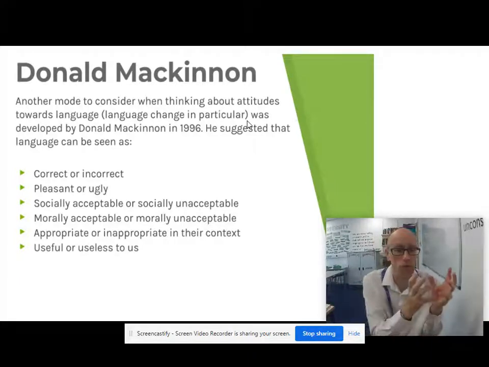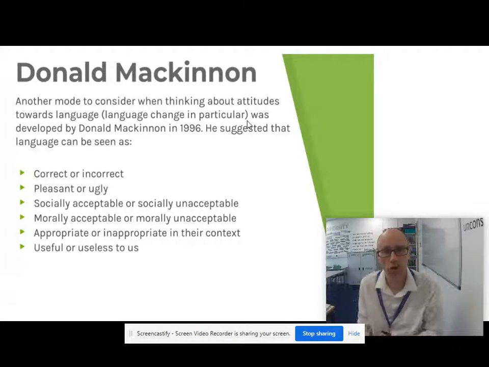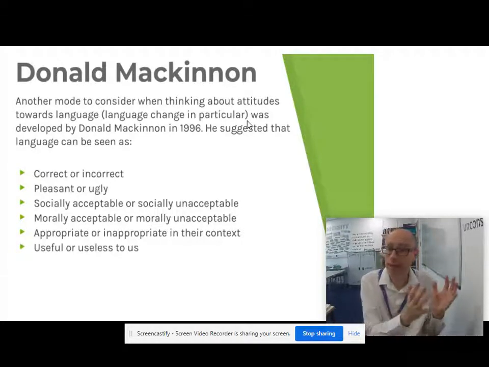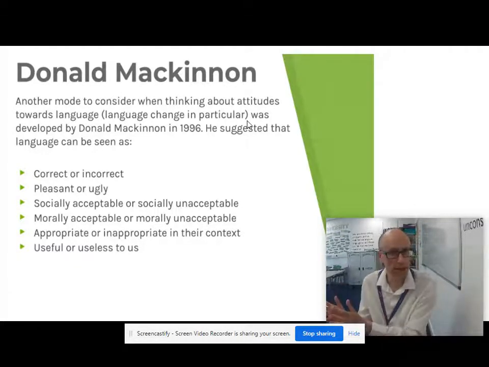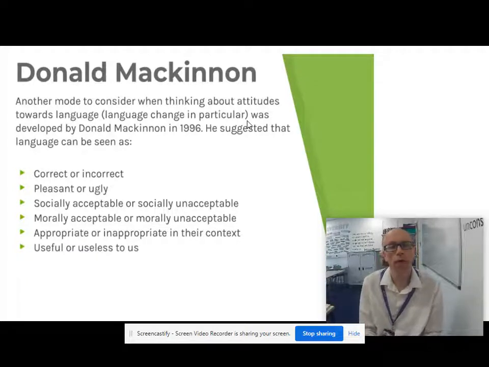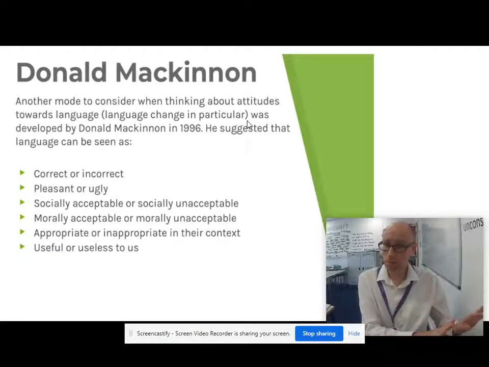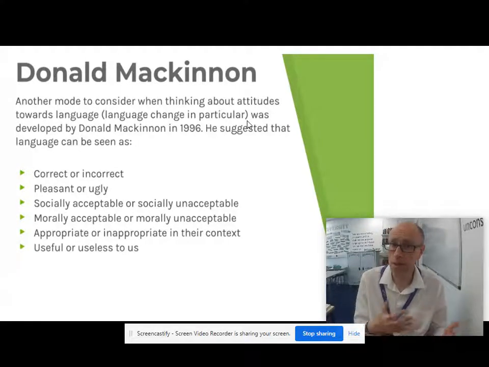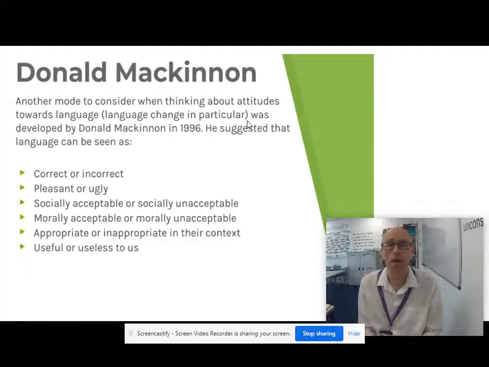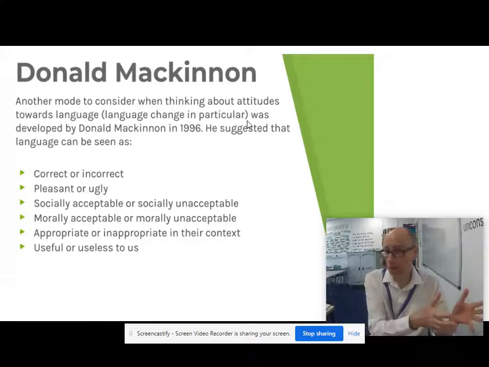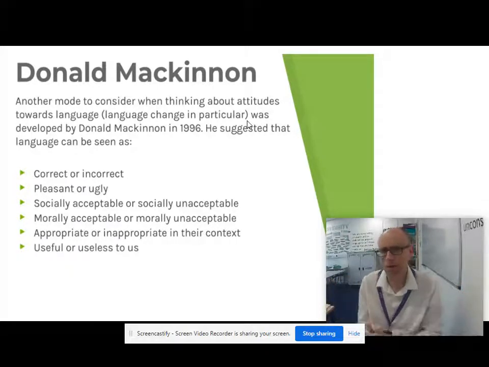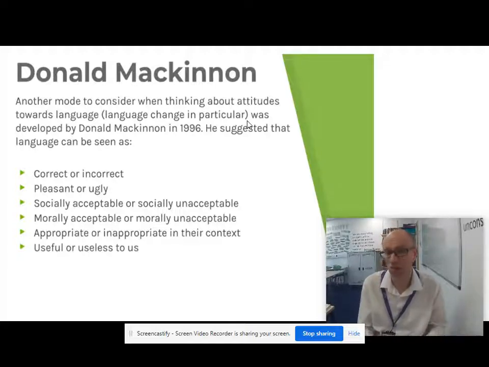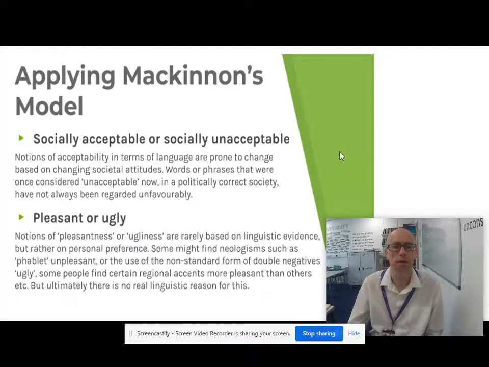You've got language that's either right or it's wrong, or language is presented as being nice and pleasant, or ugly and nasty, or language is presented as being acceptable or unacceptable, either socially and morally. Language can be presented as being appropriate or inappropriate in the context. And language can also be presented as being either useful or useless to us.